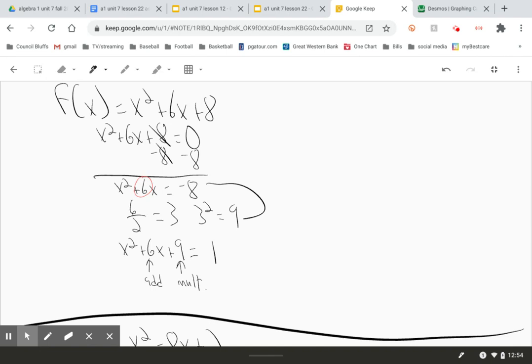What 2 numbers add up to 6 and multiply to 9? And that answer is 3's, right? 3 plus 3 is 6, and 3 times 3 is 9. So when I write that in factored form, it's going to be x plus 3 twice. So x plus 3 squared equals 1. And that is where we're going to stop.